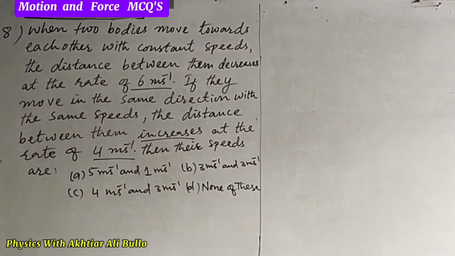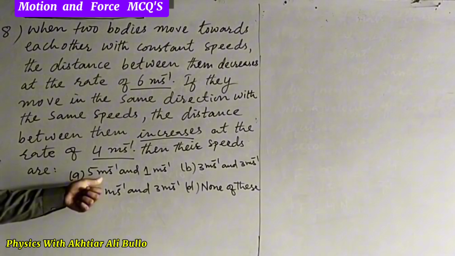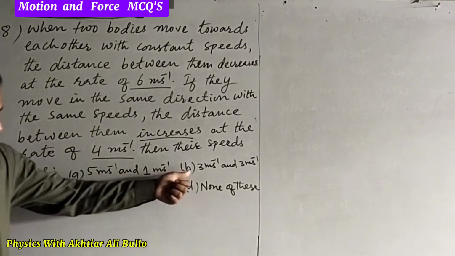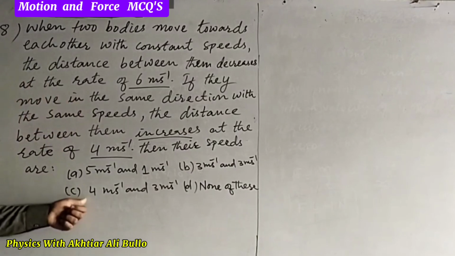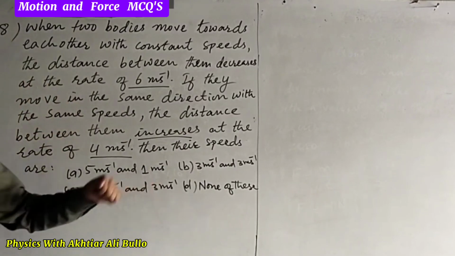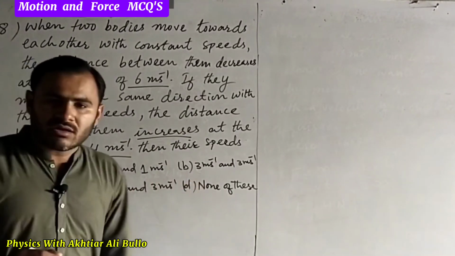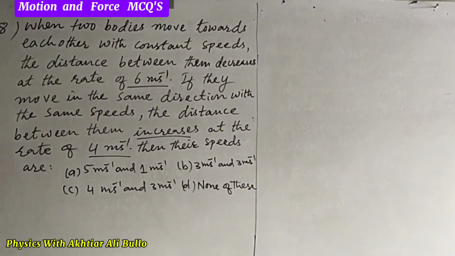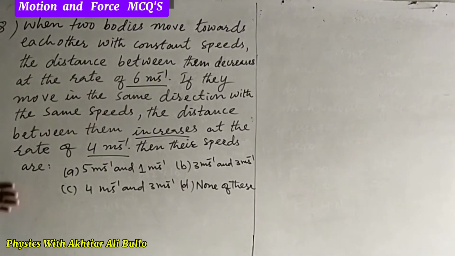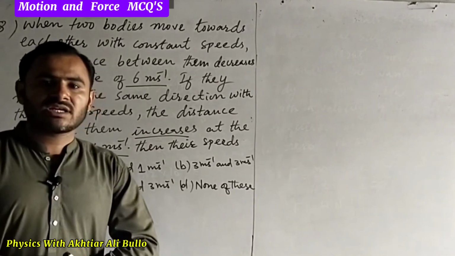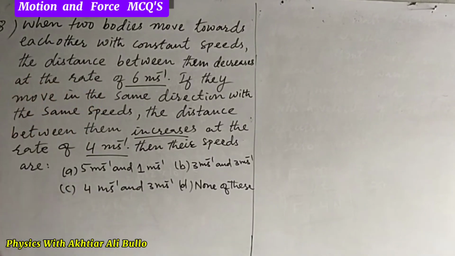Then their speeds are A, 5 meter per second and 1 meter per second, B, 3 meter per second and 3 meter per second, C, 4 meter per second and 3 meter per second, D, none of these. So when the objects are moving towards each other, their distance decreases.